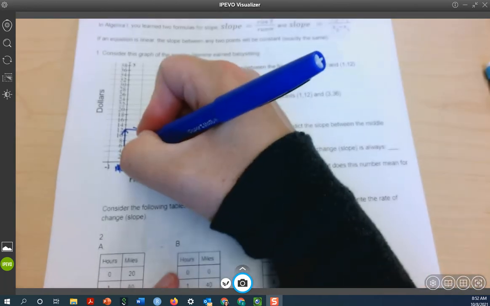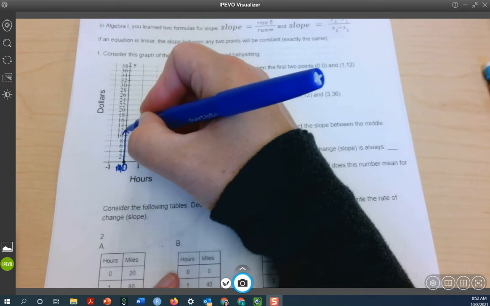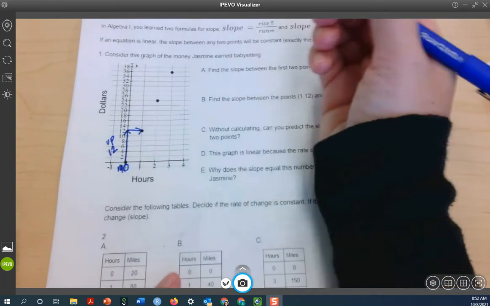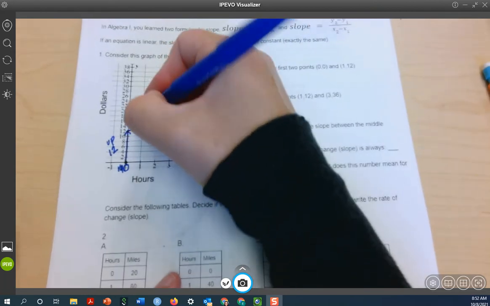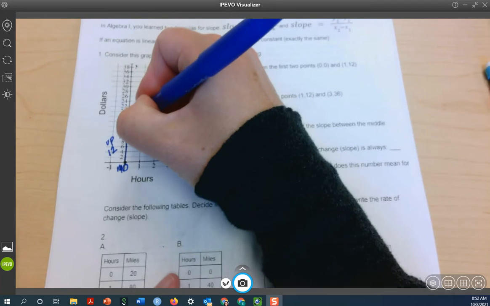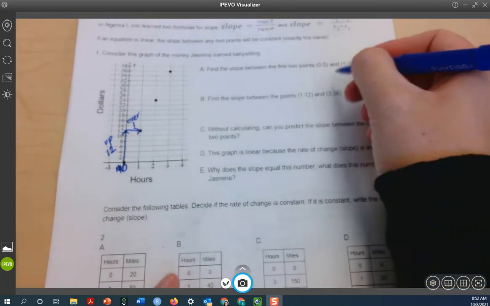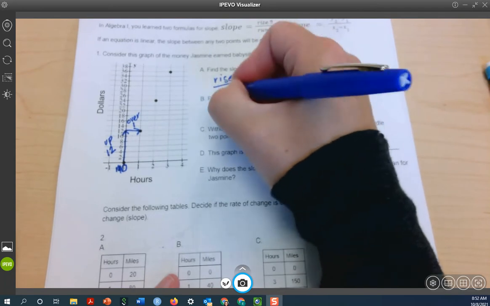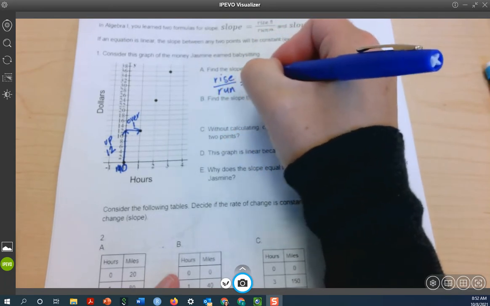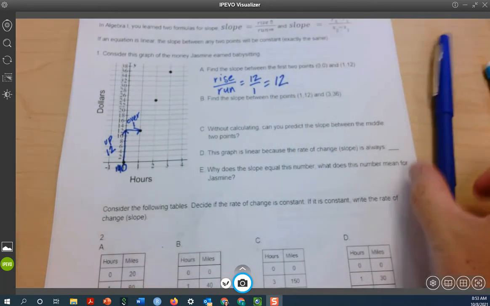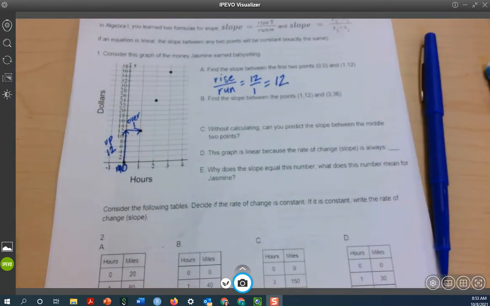You got to count by 2s. 2, 4, 6, 8, 10, 12. So that was up 12. And then over, this time we're counting by 1s, so that was over 1. All right, so for the first one, rise over run is 12 over 1. And you can do that with the formula as well, remember.